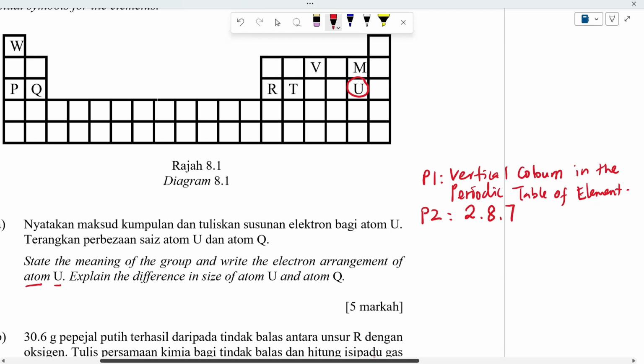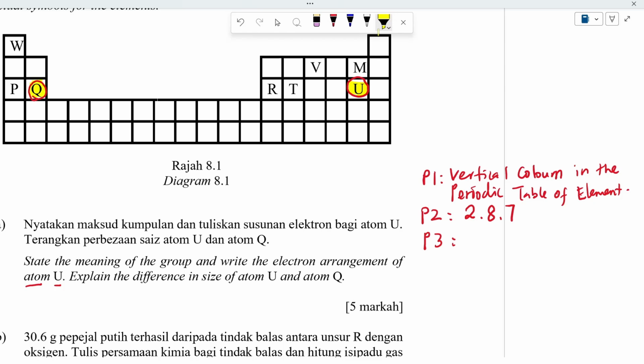Yeah. Okay, point number 3. Explain the difference in the size of atom U and atom Q. So point number 3, you have to mention the comparison of the sizes, right? So, U and Q. Where is U? U is here. Just now, Q is here. Now, first, you need to compare.